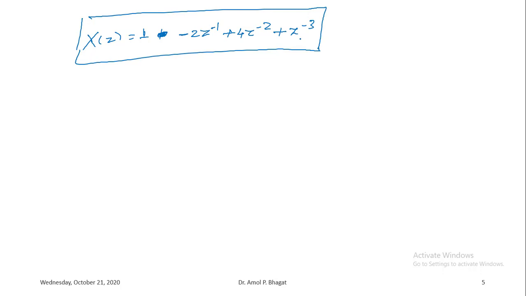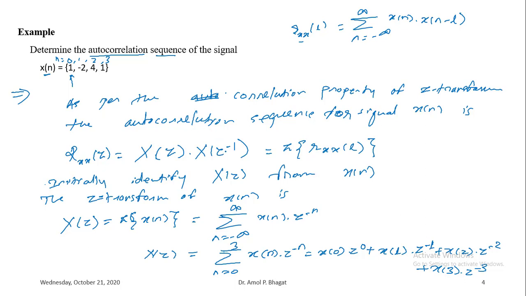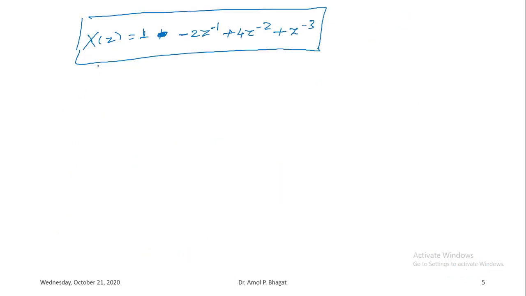From this x of z, because we want to multiply this x of z with x of z inverse, we can simply replace z with z inverse in x of z to write x of z inverse. Wherever there is z, we replace it with z inverse.